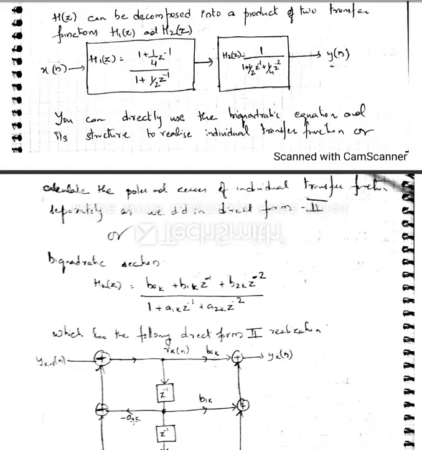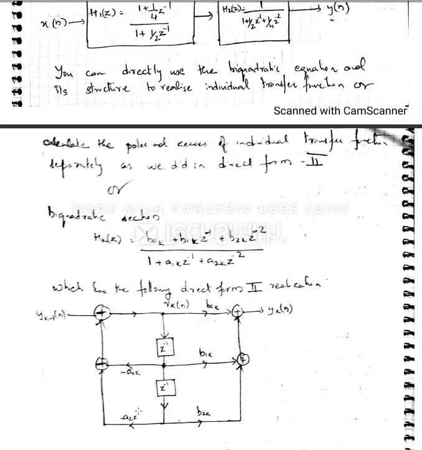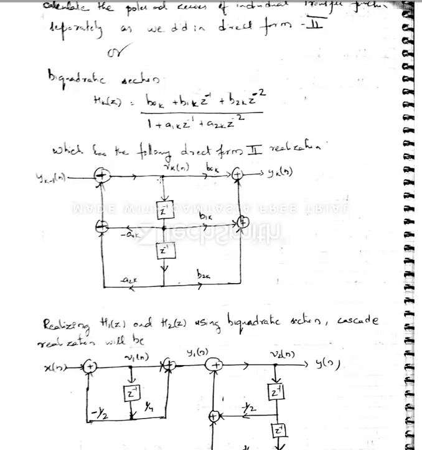What you have at the denominator is what you represent at the left hand side. That is, what you have at the numerator is the b coefficients, and what you have at the denominator will be your a.